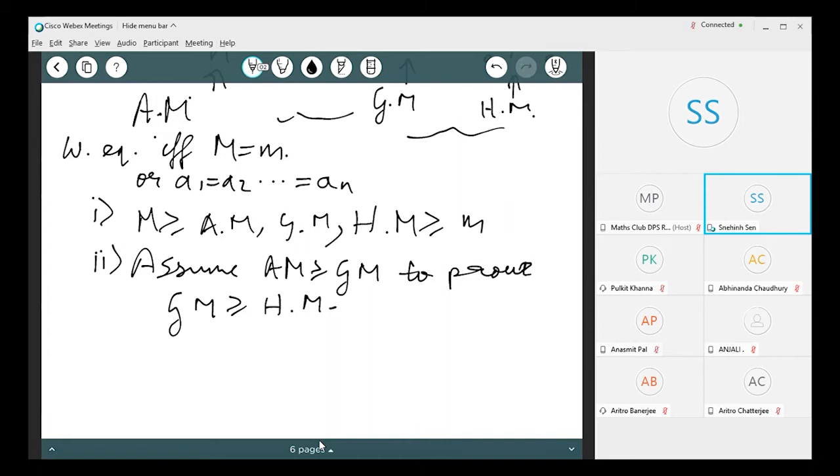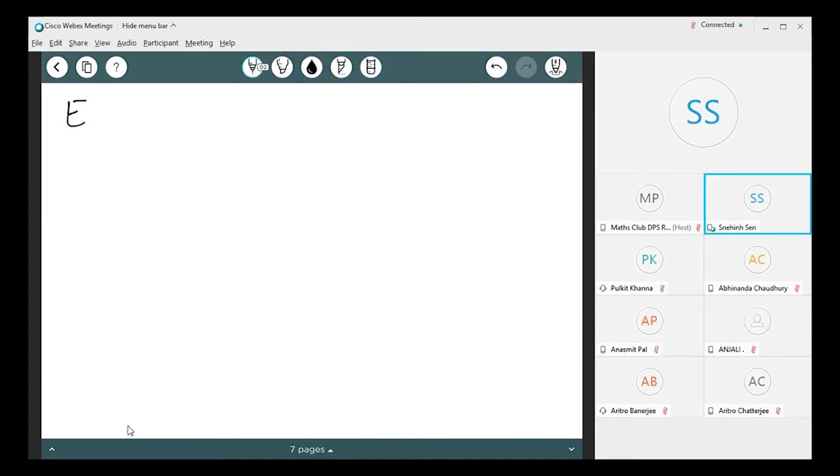Okay, so let's look at an example using the AM-GM-HM inequality. A simple one first. I'll go to the next page, example 2. Again, we have a very similar situation.